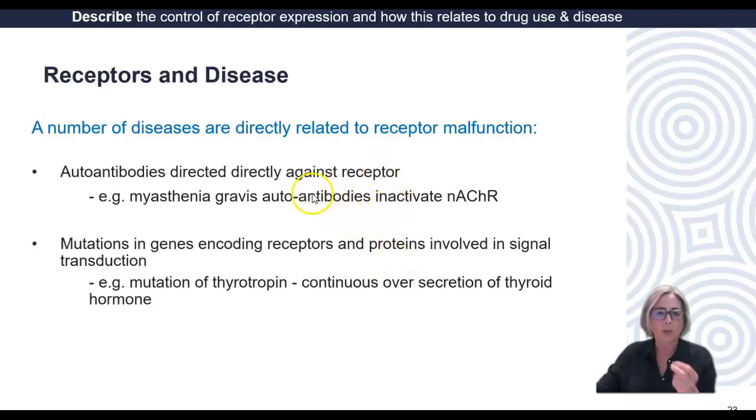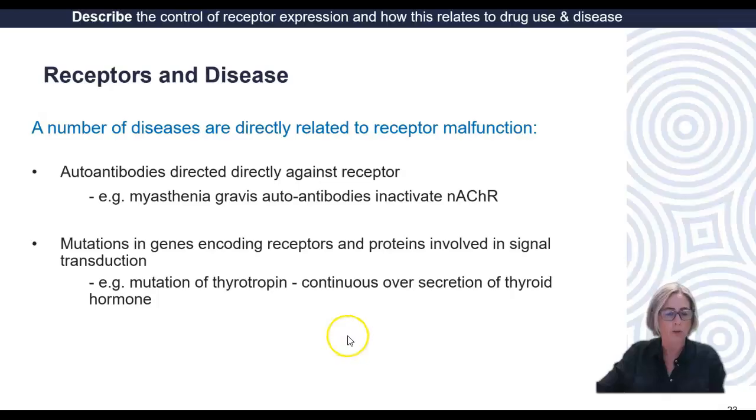So this autoantibody will inactivate the acetylcholine receptor, and this is what leads to that progressive muscle wastage. The binding of the autoantibody to the receptor will either destroy the receptor or inactivate it or cause it to be internalized. Regardless, there's fewer receptors for the acetylcholine to bind to, and therefore the muscle wastage that follows.